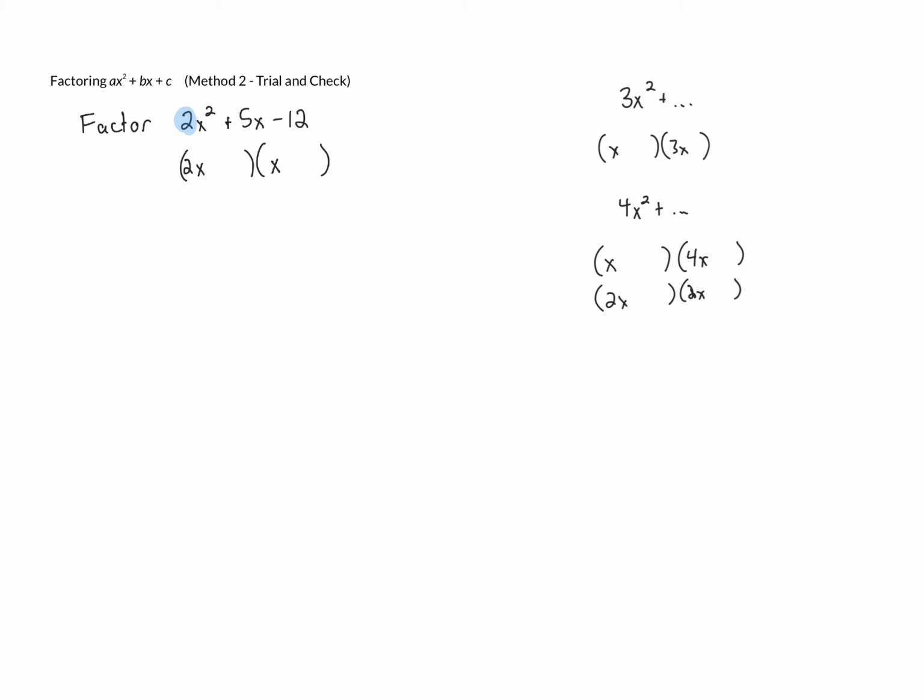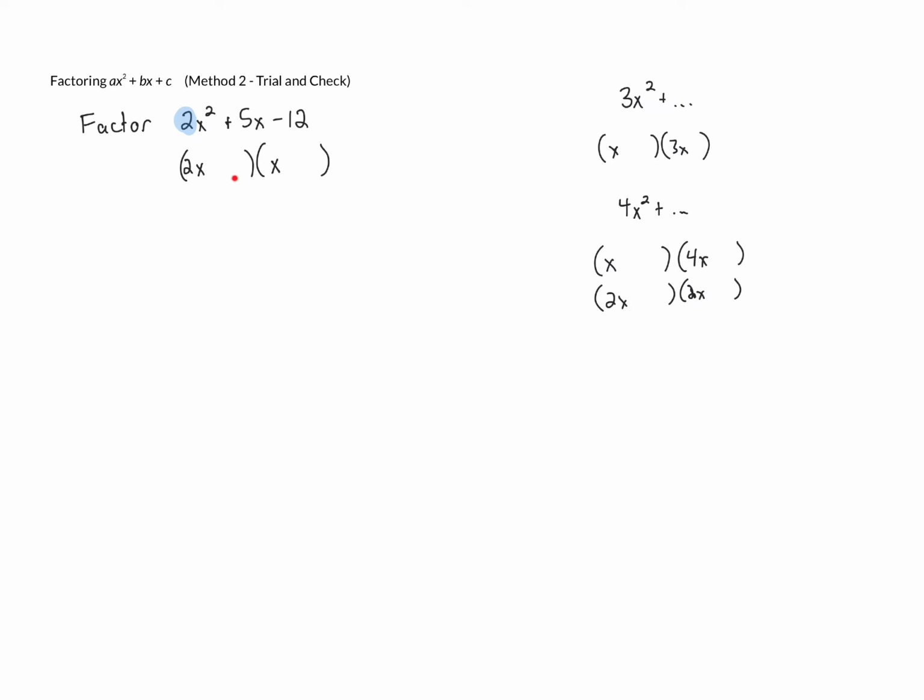So basically, we need to look at the different ways we can multiply two things to end up with that leading term. In this case, 2x squared, the only possibility is 2x and x.